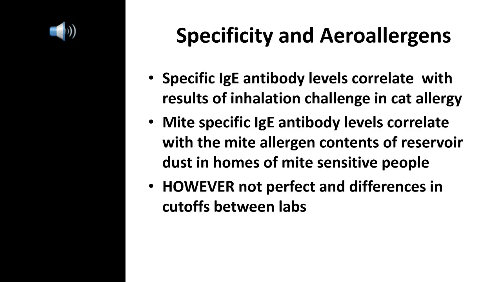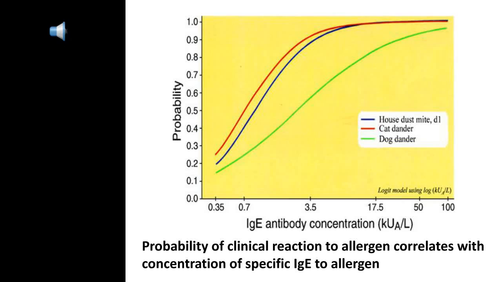Specific IgE levels correlate with inhalation challenge to cat allergy. Specific IgE does correlate with the concentration. However, it's not perfect. And also, we're bugged by the lack of well-documented and easy-to-do clinical measurements of reactions to cat or house dust mite.